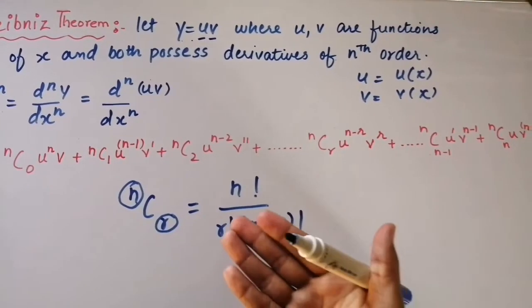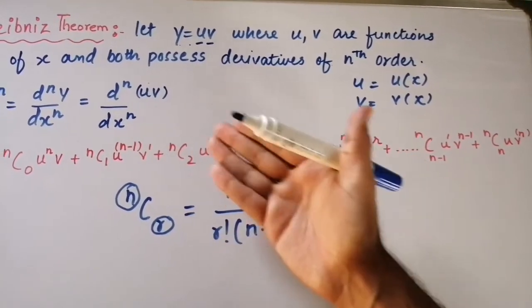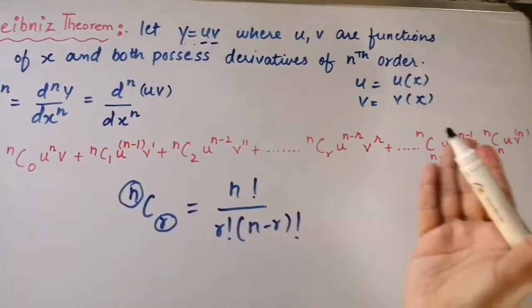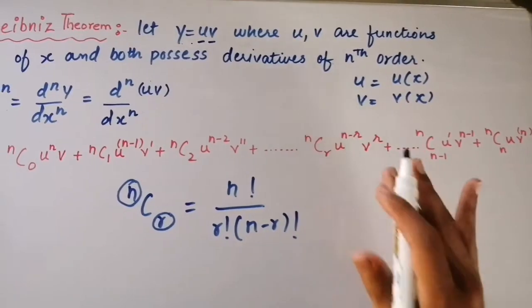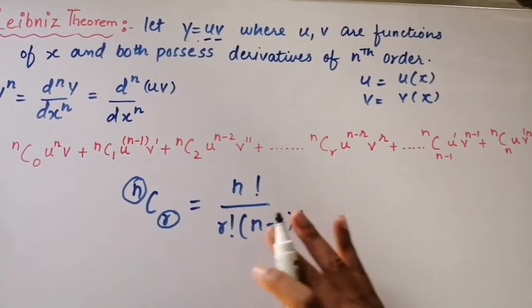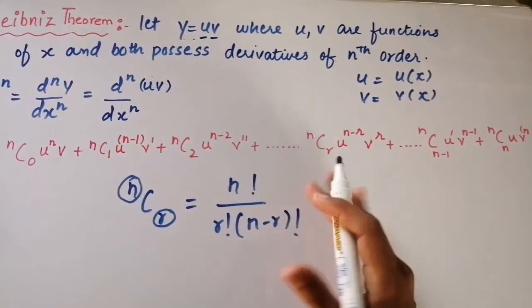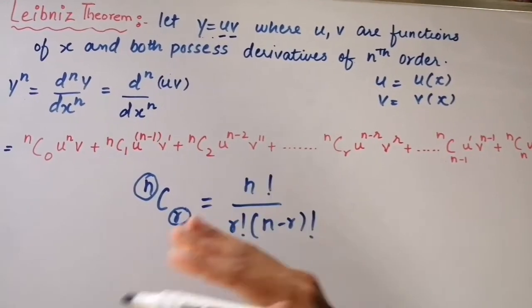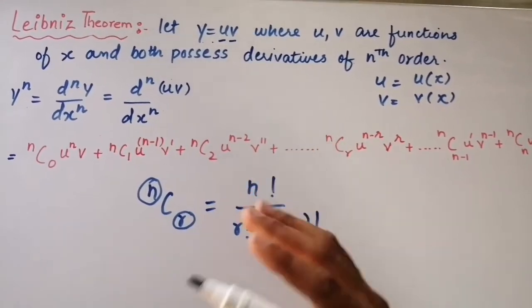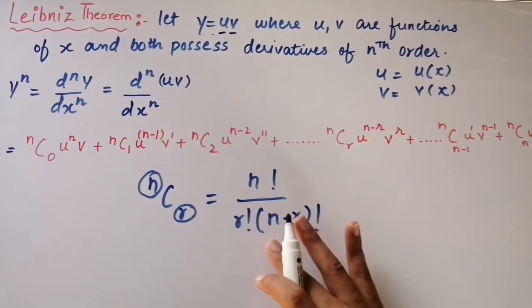So these are basically combinations. To compute nC2 or nC1 or any nCr appearing in the Leibniz theorem, we are going to use that formula. I'm not going into detail on what combinations are and the difference between combinations and permutations. So nCr is basically this.